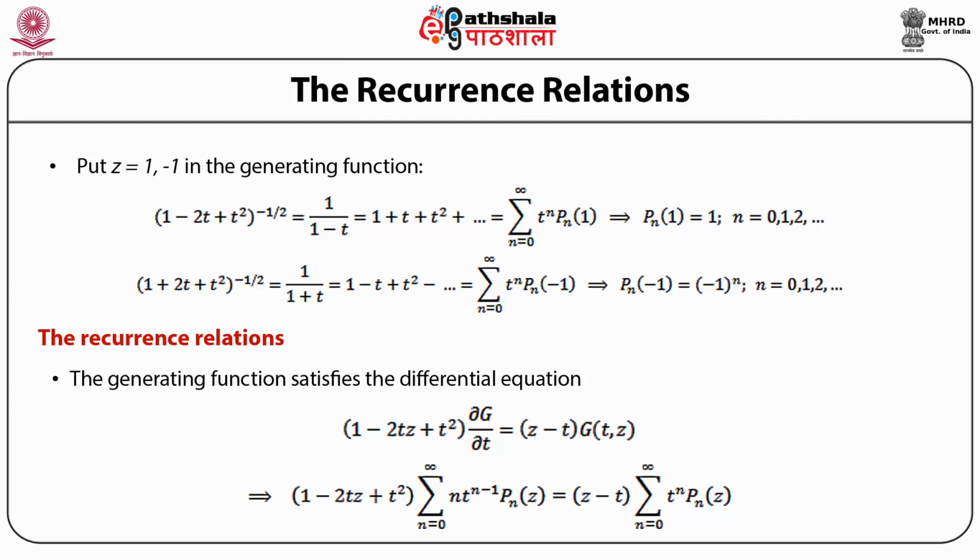Now, using the expression for generating function, we obtain the equation as 1 minus 2tz plus t square within the brackets multiplied by summation over n going from 0 to infinity n into t raised to power n minus 1 into Pn of z. This can be simplified to get z minus t multiplied by summation over n going from 0 to infinity t raised to power n into Pn of z.